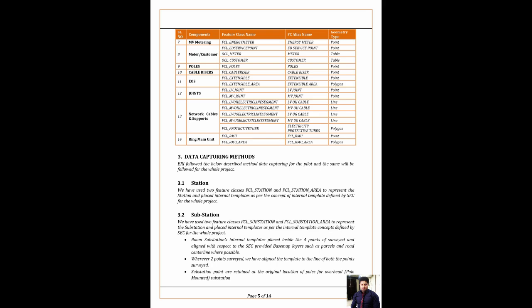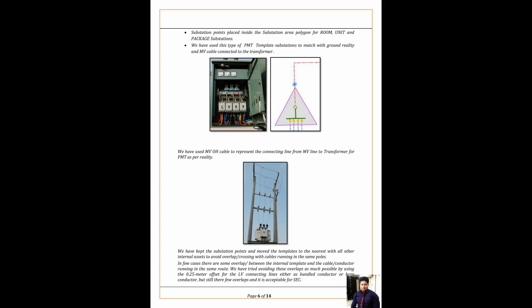Substation points are retained at the original location of poles for overhead pole mounted substations. Substation points are placed inside the substation area polygon for room, unit and package substations. We have used this type of PMT template for substations to match with ground reality and MV cable connected to the transformer.